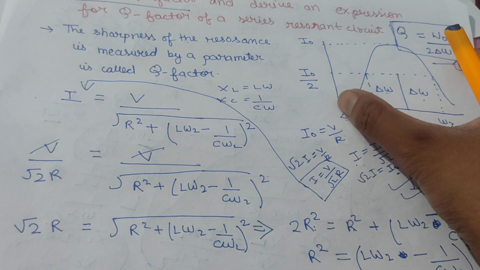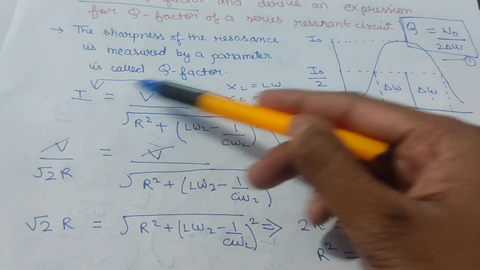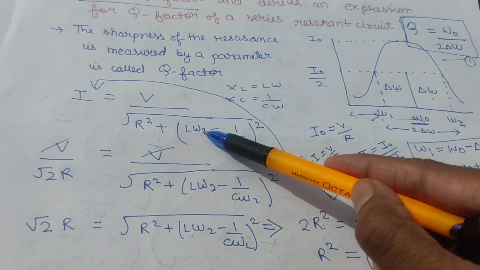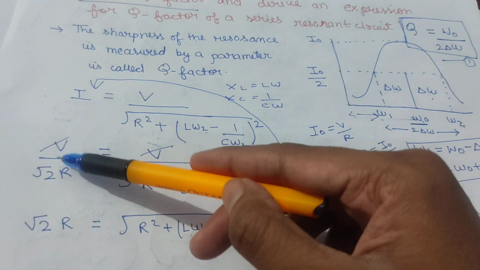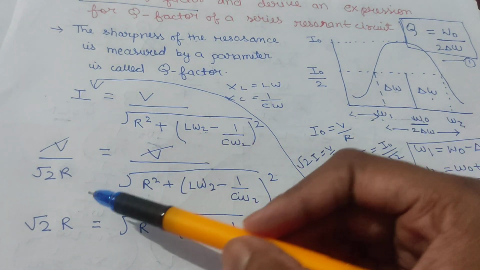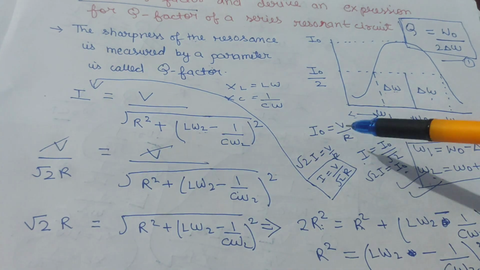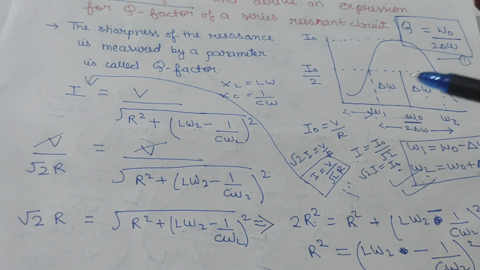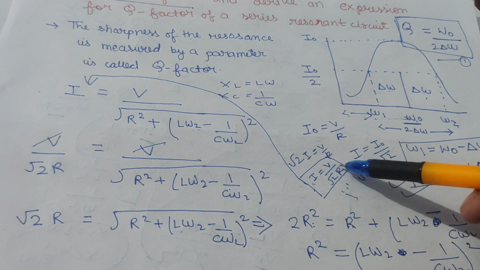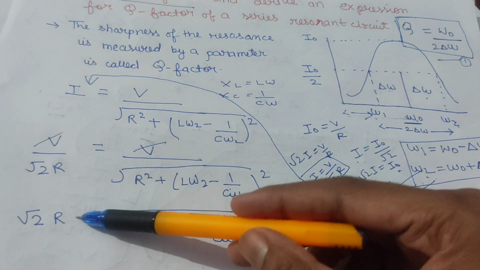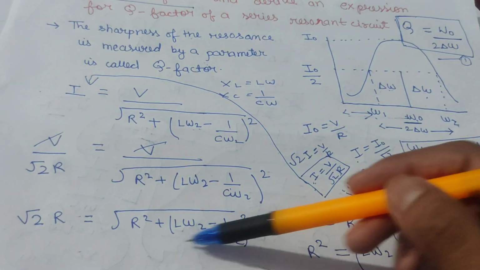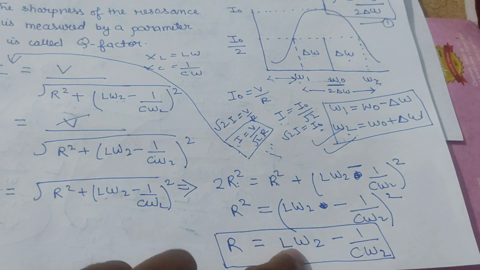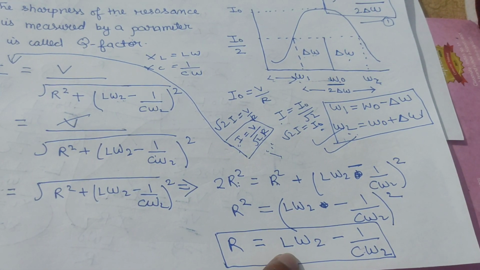I'm not revising this graph, so it is like I equals V by R. Here we write the impedance, and we take omega 2. After all, we have to convert it with under root 2, so we use this pattern for making I equal to V by under root 2 R. We cancel V, and when we square both sides we'll get this.